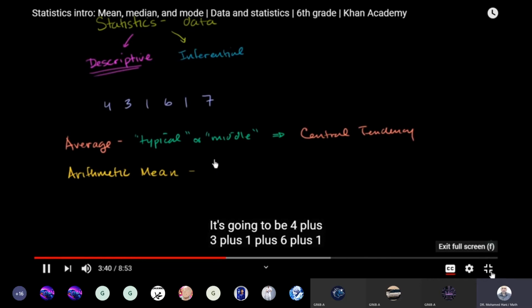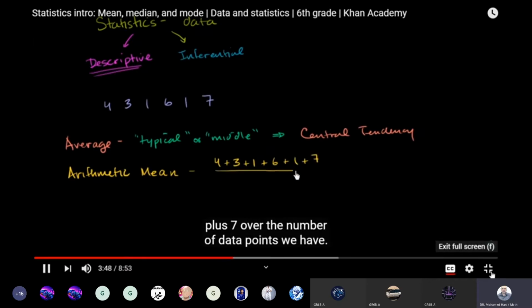Well, let's just compute it. It's going to be 4 plus 3 plus 1 plus 6 plus 1 plus 7 over the number of data points we have. So we have 6 data points, so we're going to divide by 6, and we get 4 plus 3 is 7, plus 1 is 8, plus 6 is 14, plus 1 is 15, plus 7 is 22.